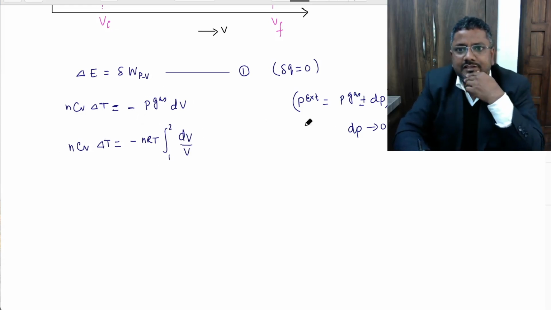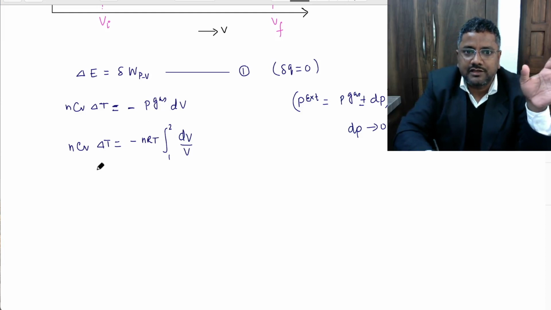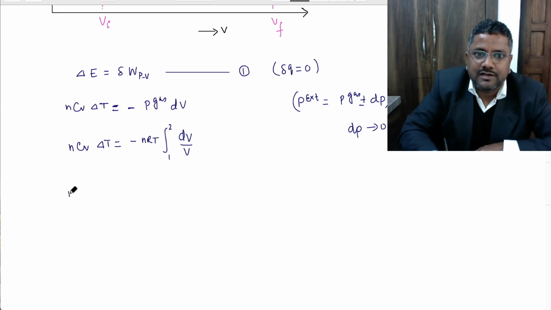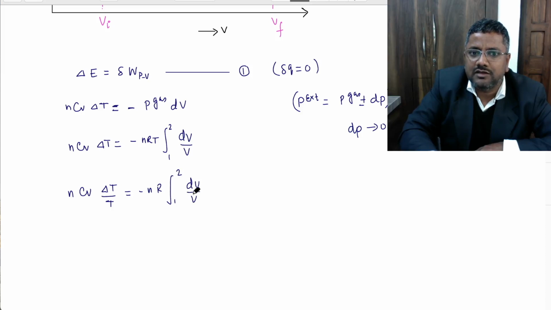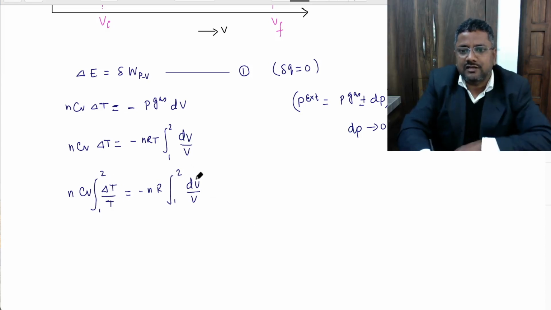P gas is equal to nRT by V. Although T is not constant here, so take T this side. So you can write nC_V dT by T is equal to minus nR, integral 1 to 2 dV by V, 1 to 2. Temperature change and volume change.